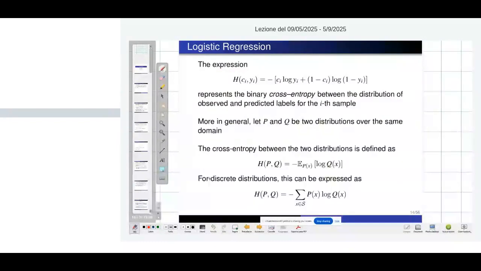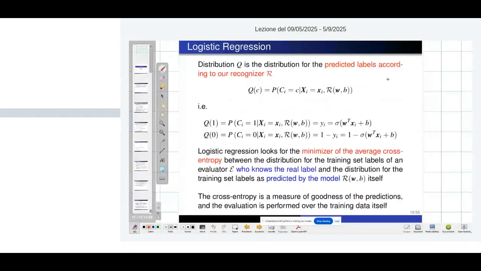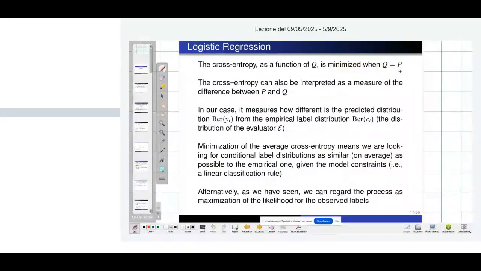The cross entropy is minimized when the prediction of the classifier corresponds to the label and when the prediction of the classifier is certain. So it's minimum when the classifier predicts with probability 1 that a point is from class 1 when the point is actually from class 1.